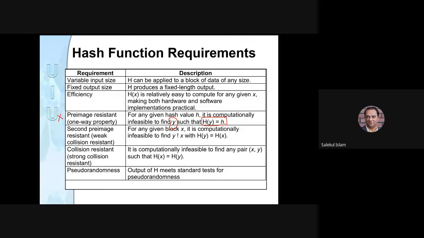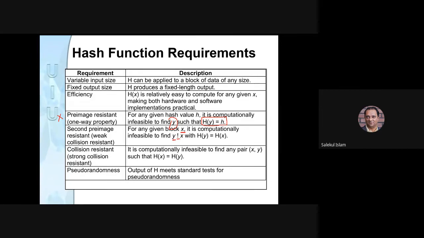Okay, so the second pre-image is quite different, because here I am giving the first message x. I am not giving any hash value. I give the first message x, and the attacker tries to find another message y, where y is not equal to x. This exclamatory sign means not equal to in set theory.